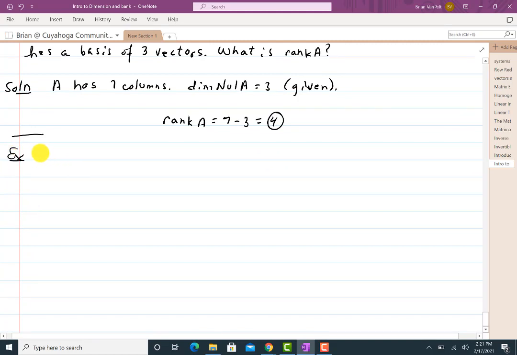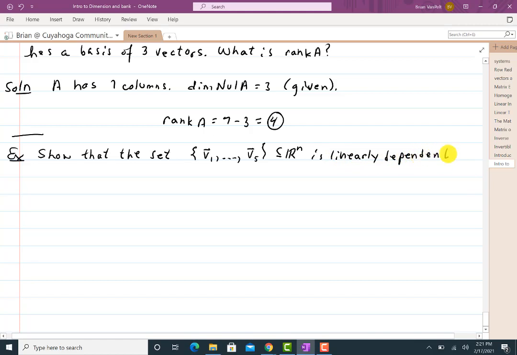An example. Show that the set V1 up to V5, which is a subset of Rn, is linearly dependent when the dimension of the span of V1 up to V5 equals 4.